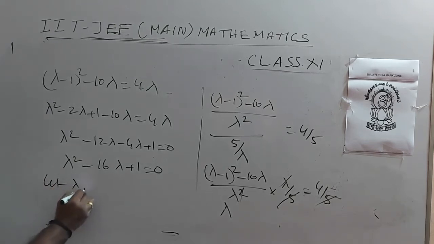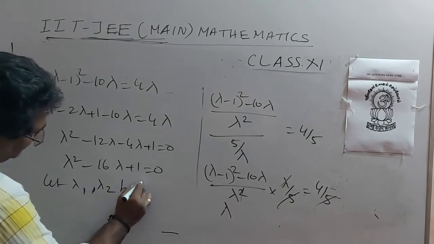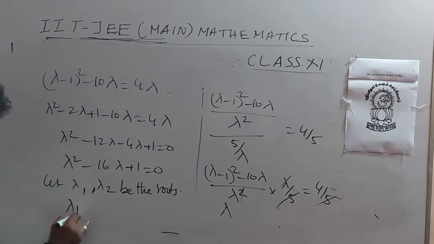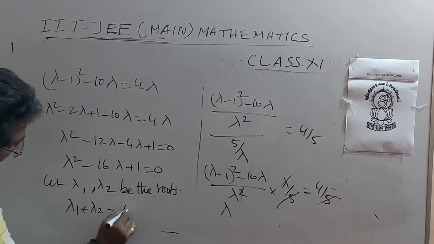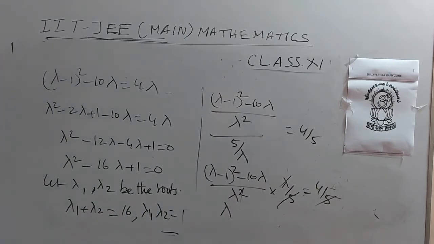Let lambda 1, lambda 2 be the roots. Lambda 1 plus lambda 2 is 16. Lambda 1 into lambda 2 is 1.